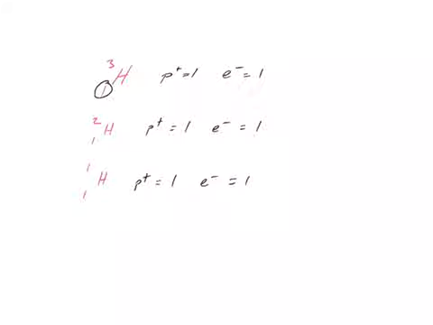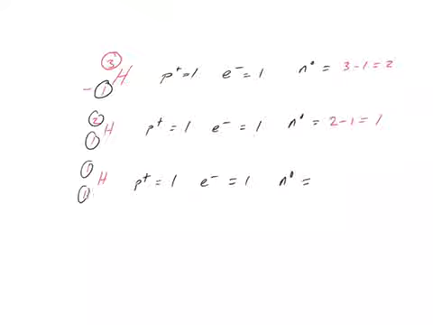But what about the number of neutrons? I take this top number minus this bottom number, the mass number minus the atomic number. So 3 minus 1 is equal to 2 neutrons. 2 minus 1 equals 1 neutron.